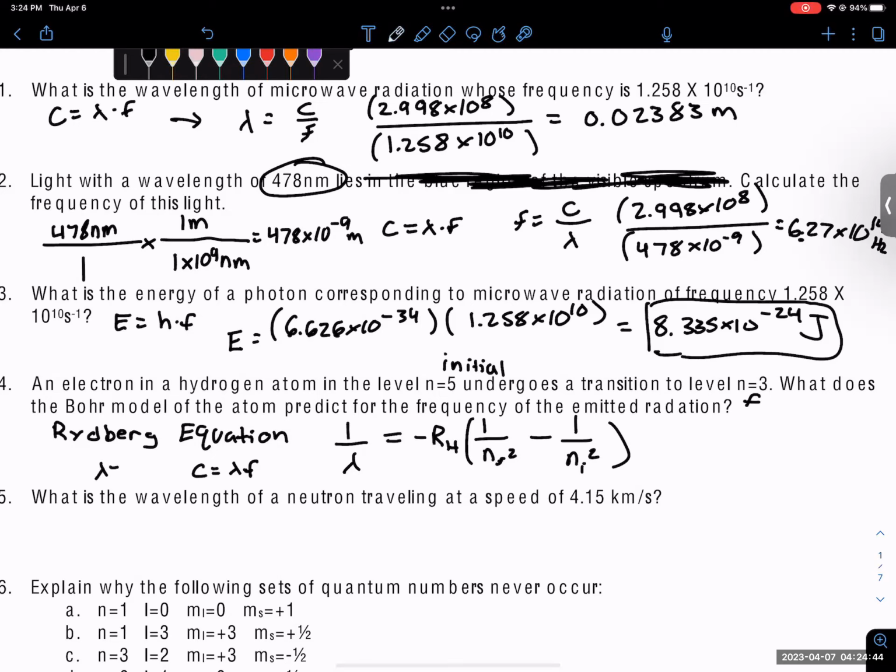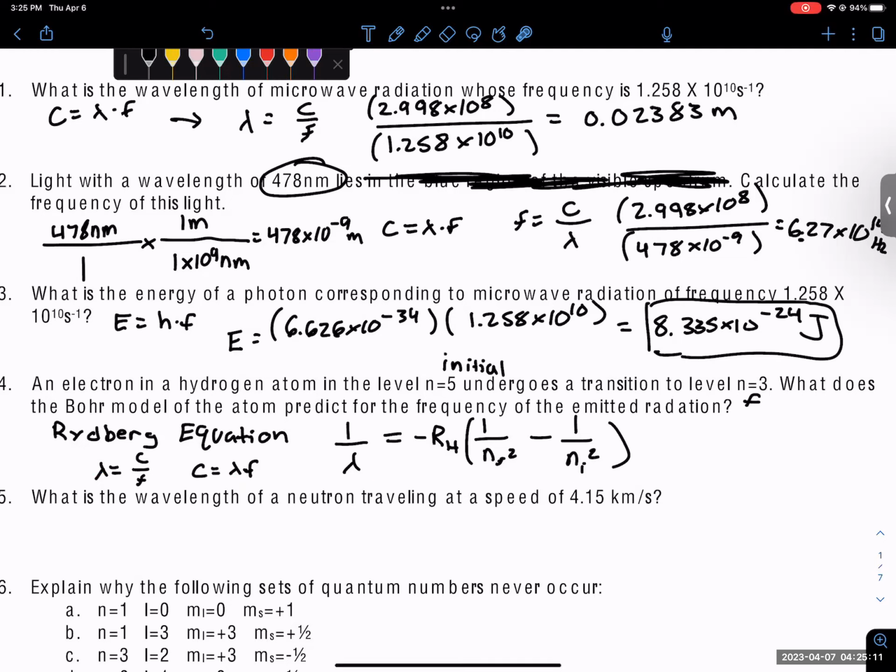We know lambda is equal to c over f. Because what I was thinking of doing originally is you solve for this, and then you plug whatever you get for lambda straight into this equation here and solve for the frequency. But the math should still work out if we plug this in for lambda.